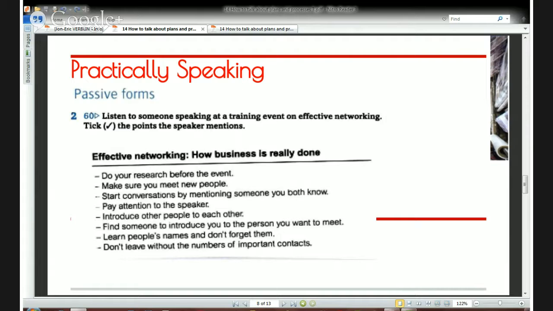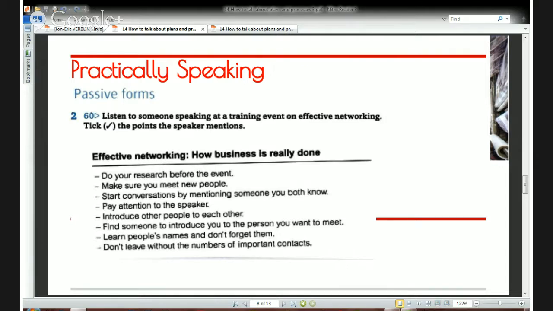You can talk about the person you both know, and this will lead on to other areas of interest. If there's someone you really want to meet, then try to be introduced by someone else rather than meeting them, as we say, cold. A cold introduction.